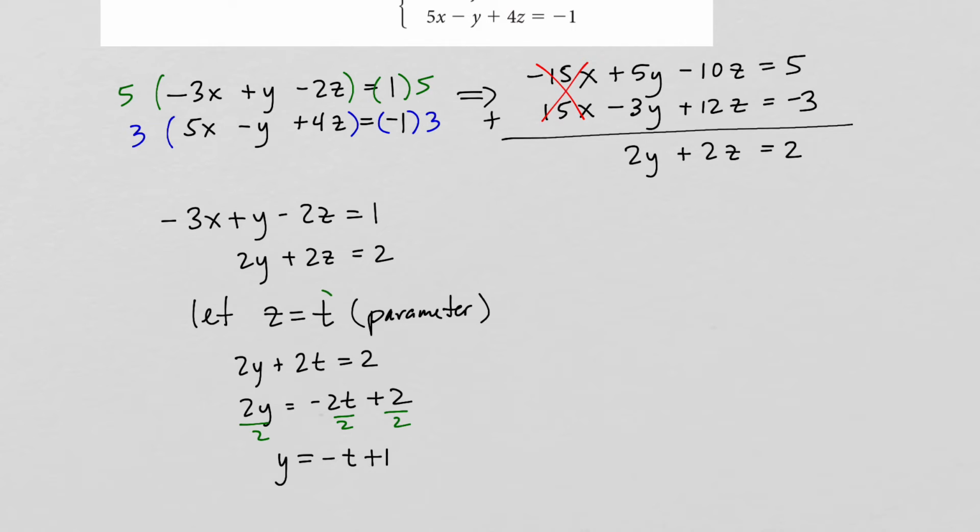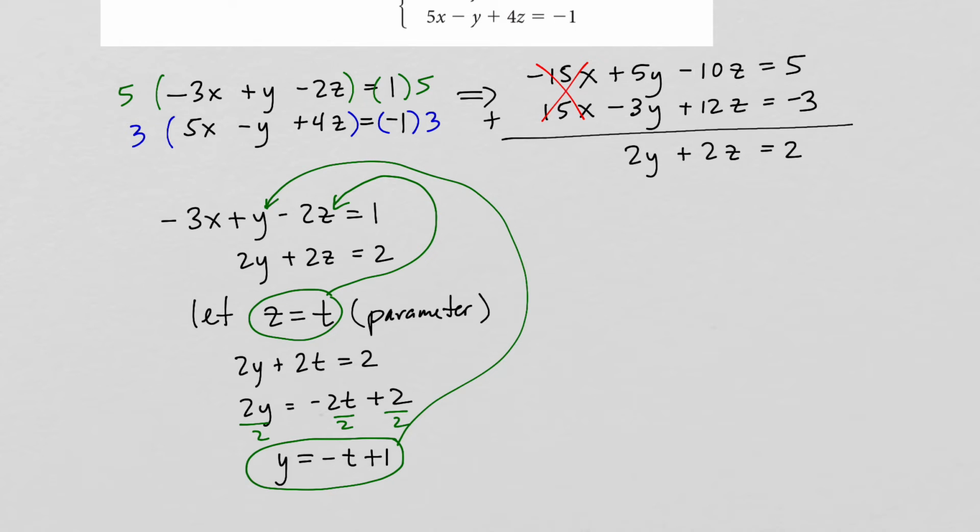So we said let z equal t. Now we see that y is negative t plus 1. Now we can take each one of those and plug them back into the first equation, and that will give us negative 3x plus y, which is negative t plus 1, minus 2 times z, which is t, is equal to 1.